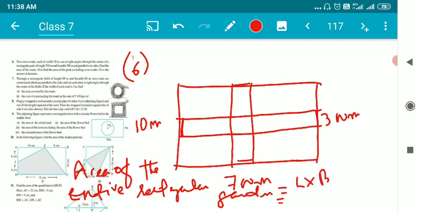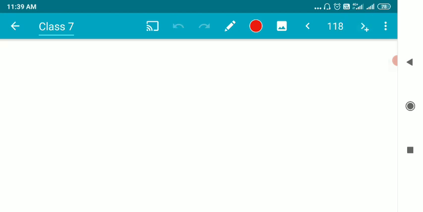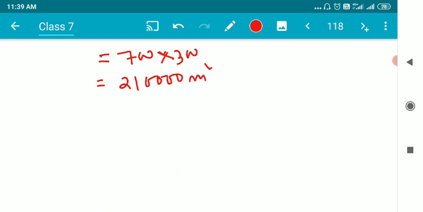So the length is 700 and the breadth is 300. The product of 700 into 300 results in 210000 meters squared. This is the area of the entire rectangular garden.